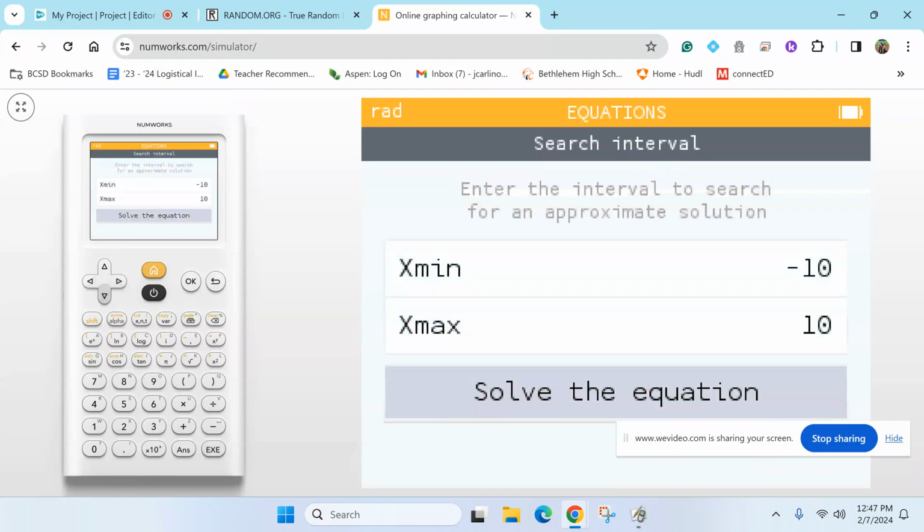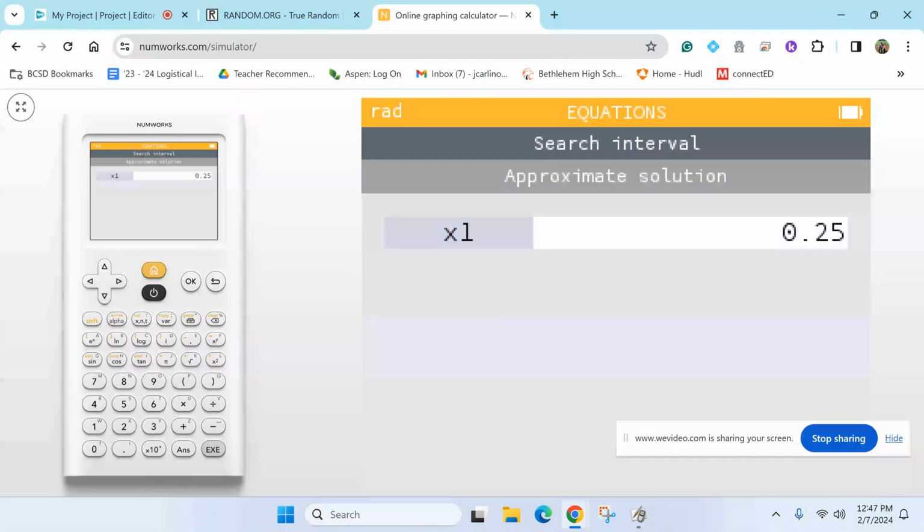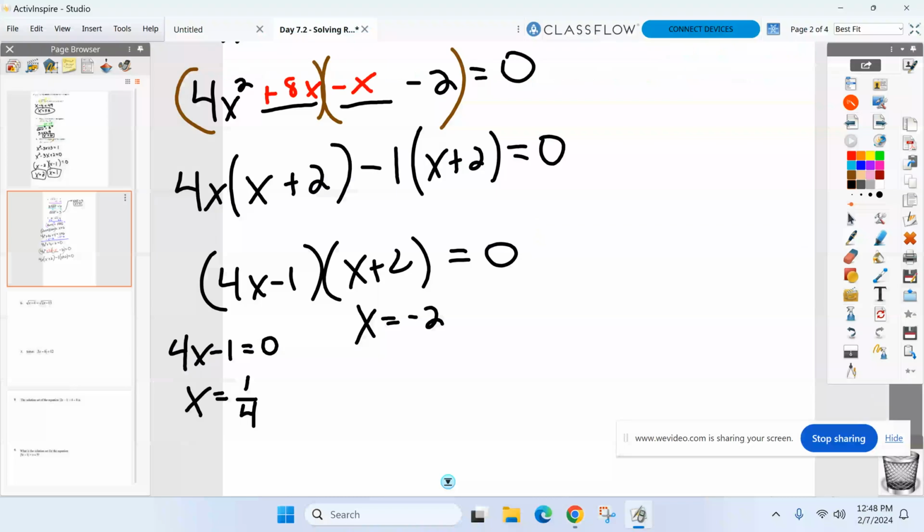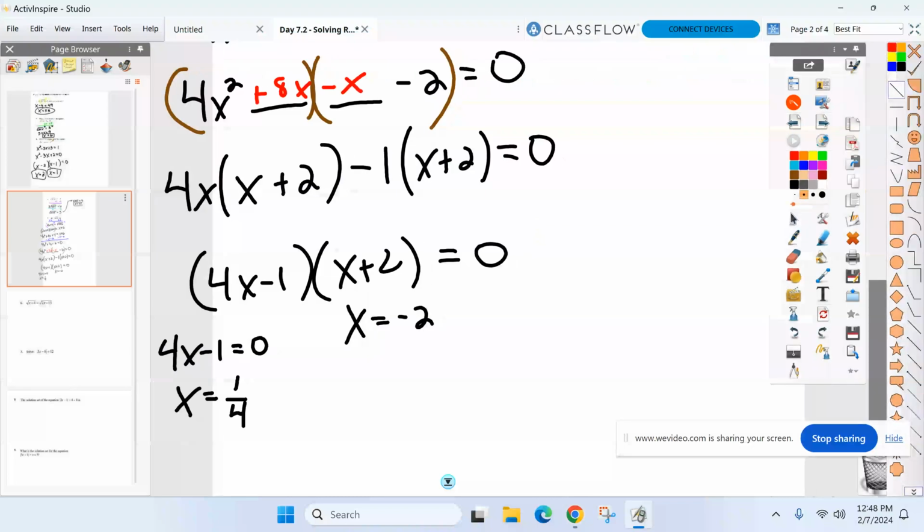Oh, what happened? Only one answer: 0.25, 1/4. So it looks like you have to go back and show me you are rejecting that -2. Where's my rejection button? There it is. All good? That was tough, huh?